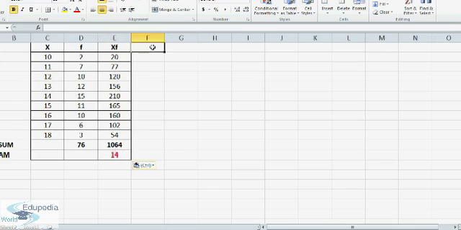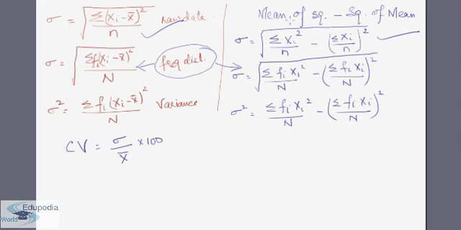Then, if you go back to the formula, we have the mean of squares minus the square of the mean. Always remember this and it will be easy for you to use this form of the formula. For the mean of squares, we first square the individual data, then multiply it by the frequency and divide by n.